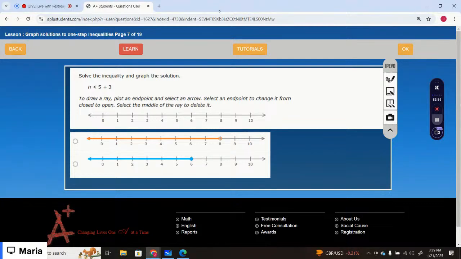M is less than 5 plus 3, so which is the correct option?